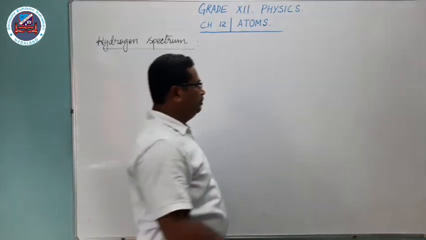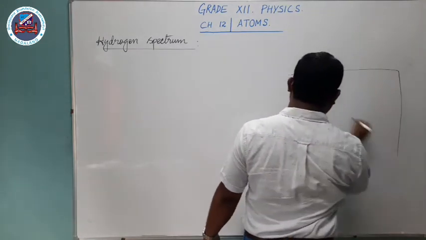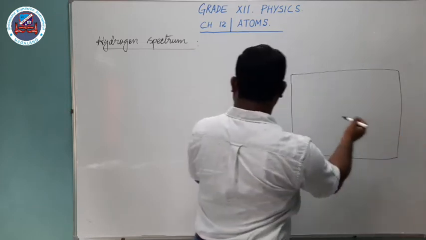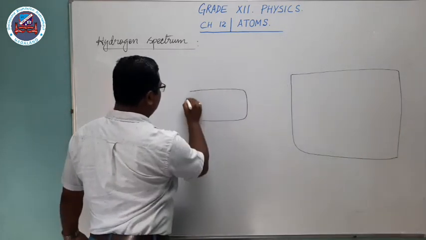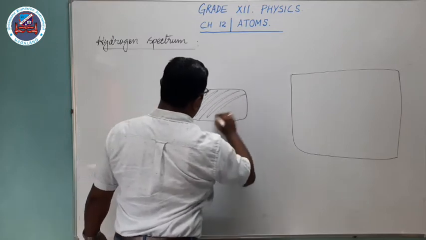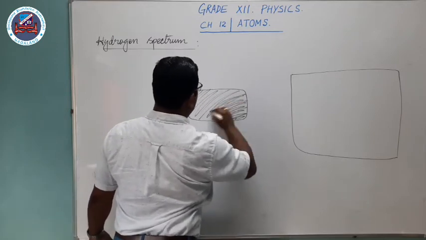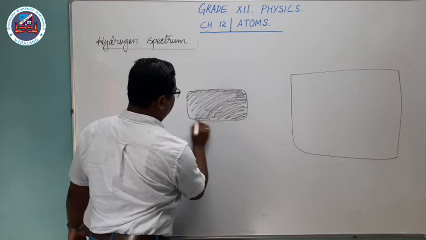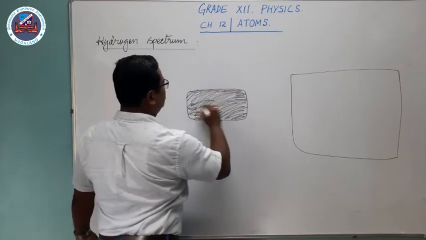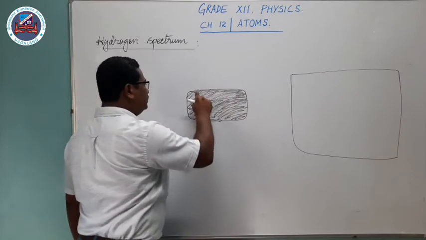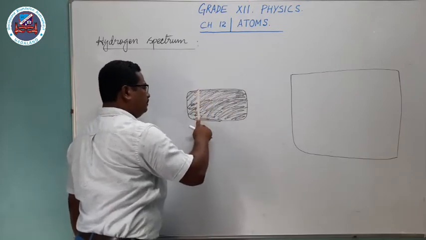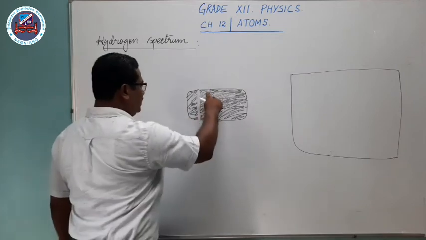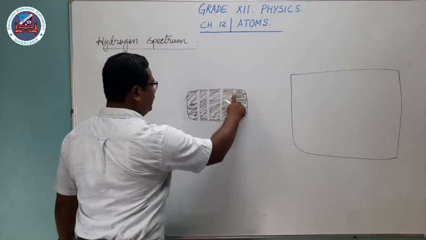Emission spectra you will observe in a dark background. Suppose this is your dark background, you can just imagine it as a black chart paper. Then you'll get bright fringes, bright patches formed in a dark background.